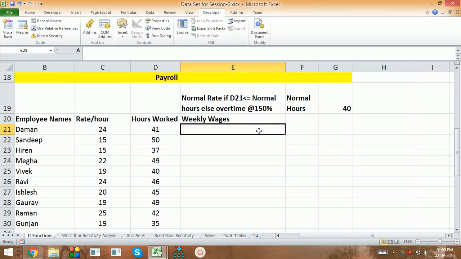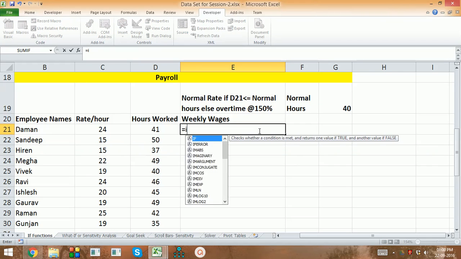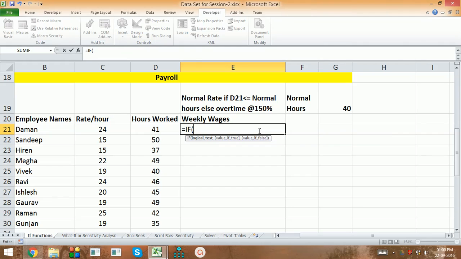So we begin with an equal to sign and, using the IF function, pressing Tab, we get the full function.